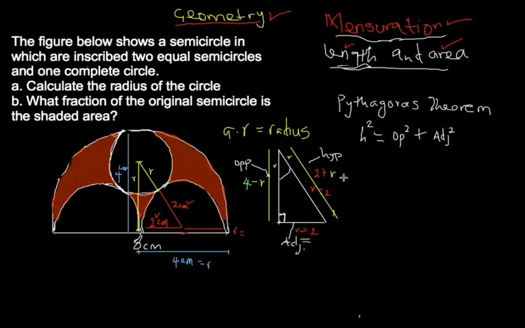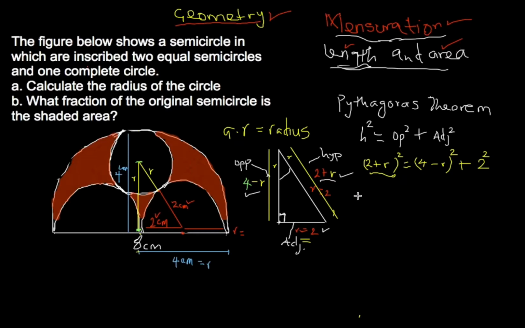What it means is that I will take this value, square it, equate it to this value squared and to this value squared. We will say 2 plus r squared, that's all of the slant side or hypotenuse side, is equal to 4 minus r all squared plus 2 squared.